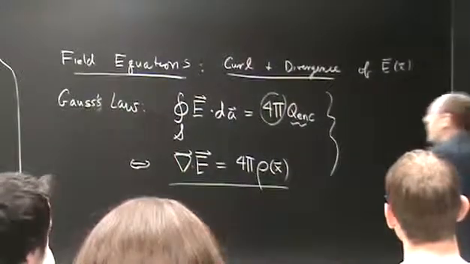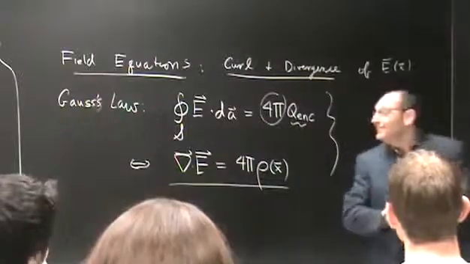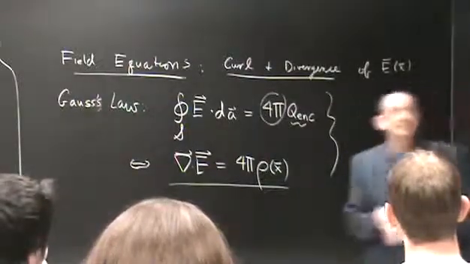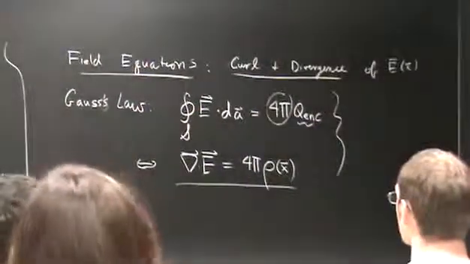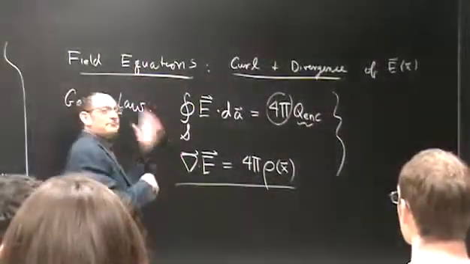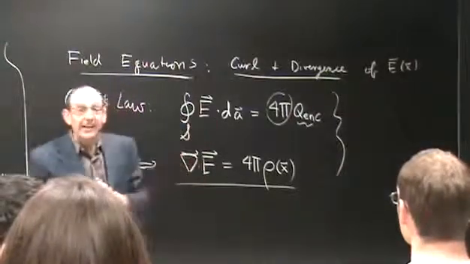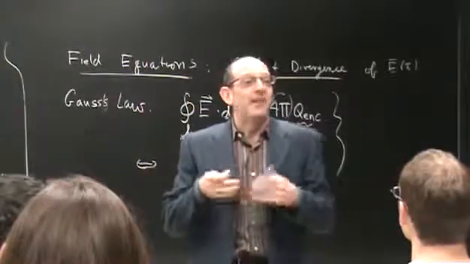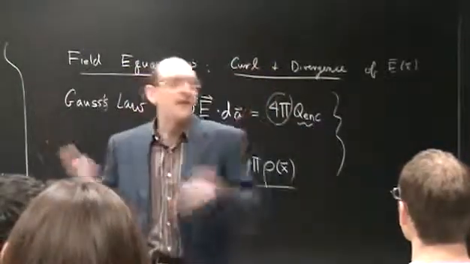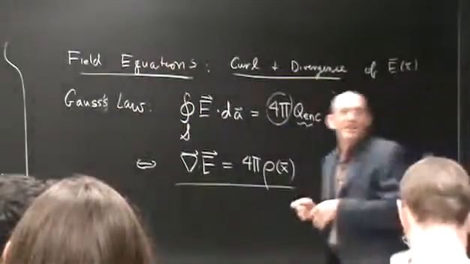Now, Gauss's law is always true, but it's not always useful as a way of determining what the electric field actually is. It's a rookie mistake to always say, when I want to find the electric field, just pull out Gauss's law, because you do that in your freshman E&M all the time.